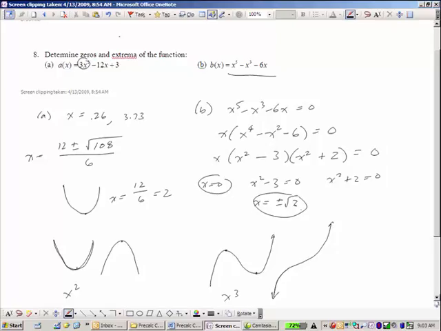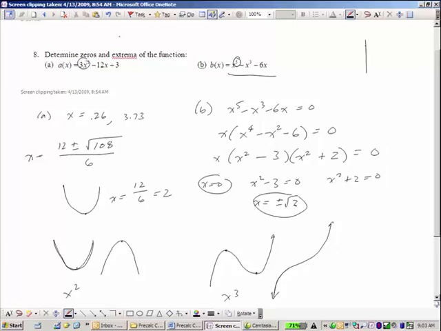And actually, if you take the leading term, like x to the fifth, the most number of mins or maxes it could have is 4. It's always one less than the leading power. The most number of zeros it could have would be 5.